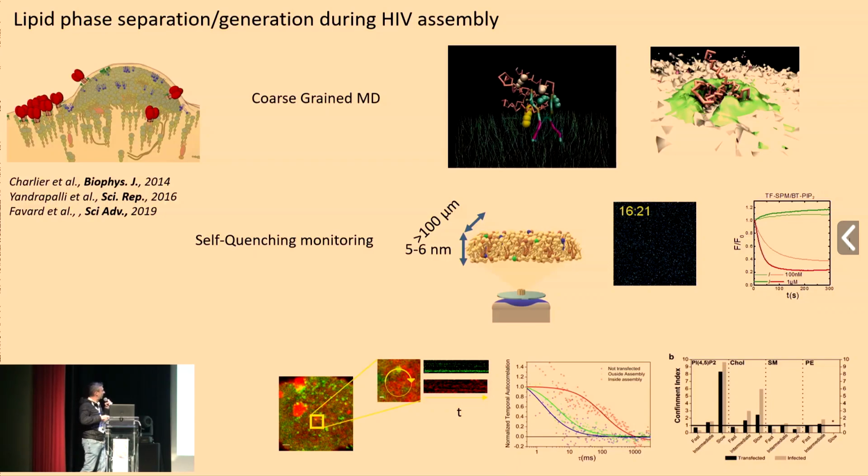Now we scan over these different positions, so we have the position of the ongoing assembly of the virus. Here we look at the motion of the lipids, in red here, at the different positions, either in proximity of the virus or far away from the virus. If we do that, we see a very different diffusion coefficient of the lipid depending on whether it is inside or close to the viral assembly.